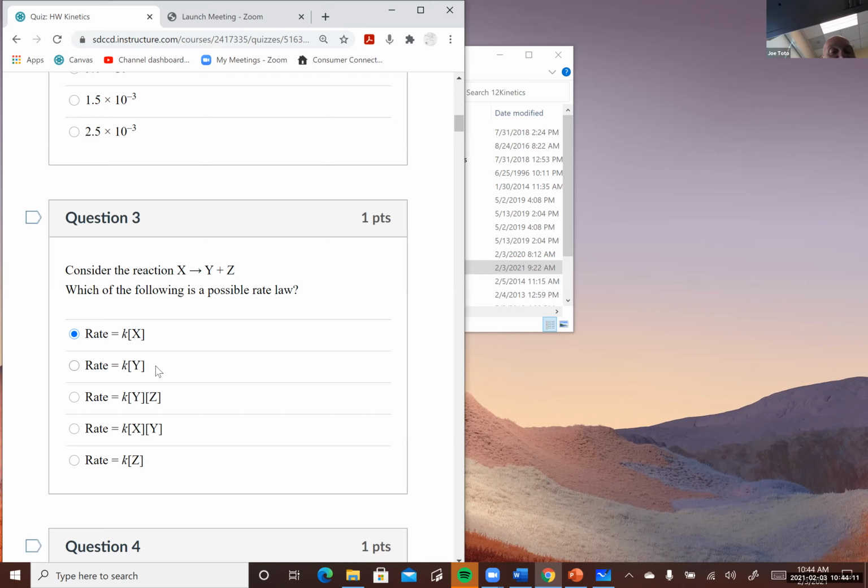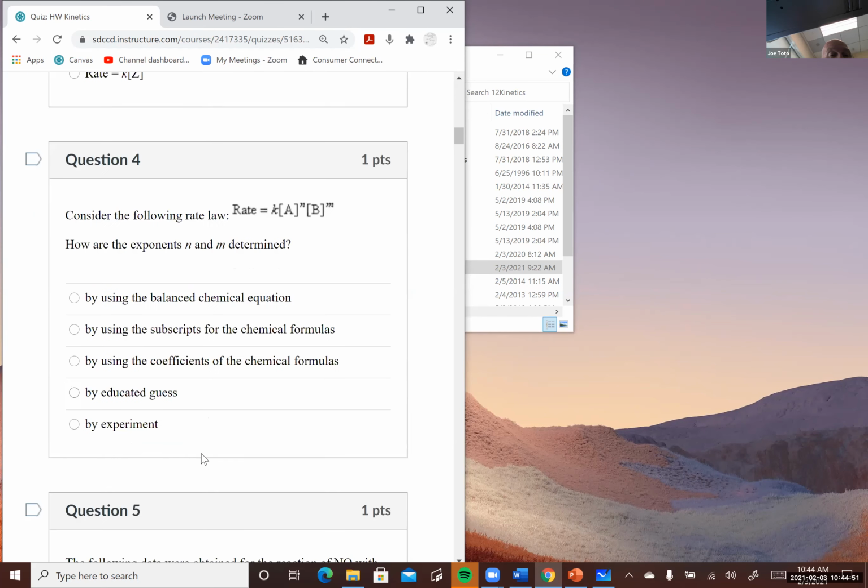Why not? It's a product. Rate laws deal with initial concentrations, and the concentration of products initially is always going to be 0. Rate laws only determine how the initial concentration of reactants affects rate. So that knocks out the next one. The next one has a Y, that's no good either.